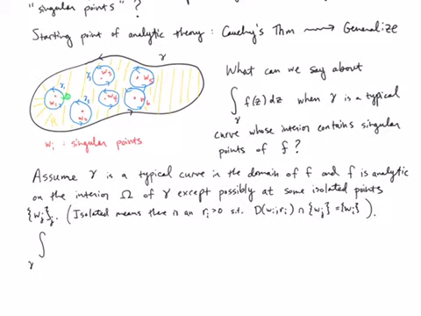So in order to get that clockwise orientation, we're going to take minus gamma 1 minus ... minus gamma n. So that's our boundary of R.